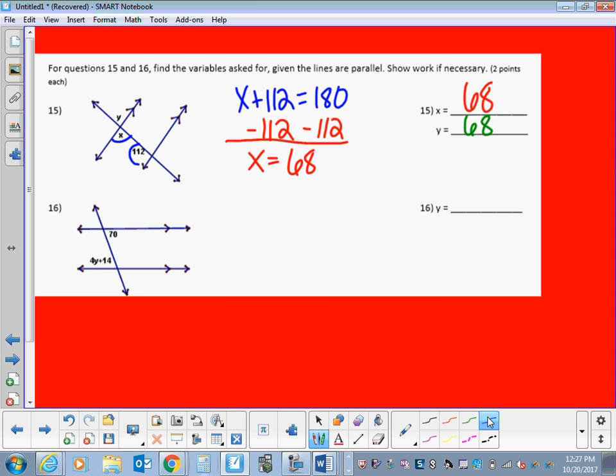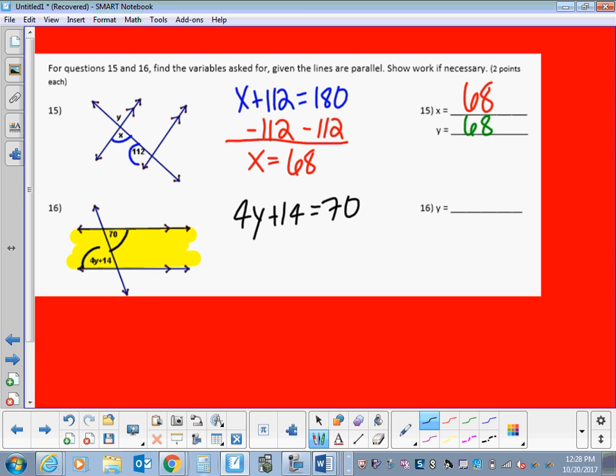All right, number 16. What's my angle relationship here? Here's my interior. Alternate interior, so they're going to be equal to what? Each other. They're congruent angles. The only one that's equal to 180 is consecutive interior.